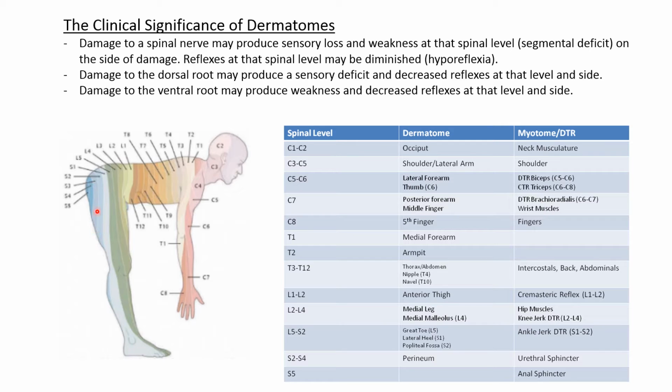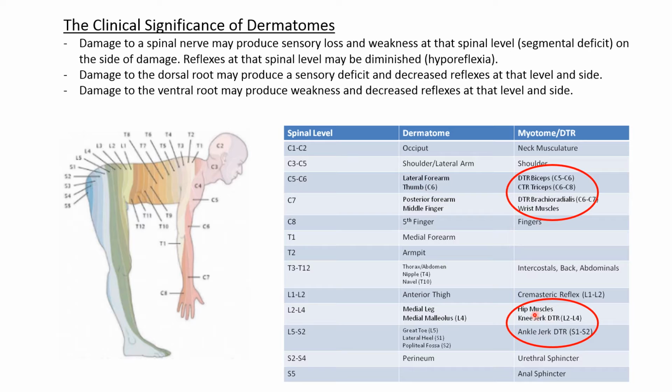Motor input is coming in a similar way, providing motor control from those lower motor neurons at these various levels of the spinal cord. And in particular, we'd like to recognize that certain reflexes, deep tendon reflexes, the biceps and the triceps, are controlled at particular levels of the spinal cord, in particular C5 to C6 for the biceps, C6 to C8 for the triceps, and similarly for the brachioradialis, C6 to C7.